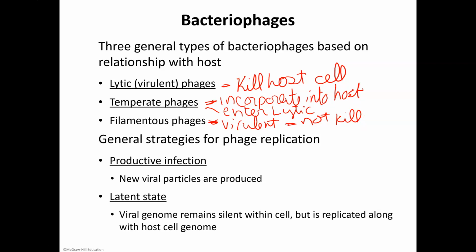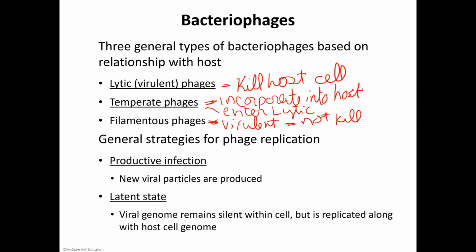So the general strategies for the phage, they have to be able to replicate, and they have to be able to then enter new host cells. So you can replicate new particles and then lyse open the cell and then enter new cells.